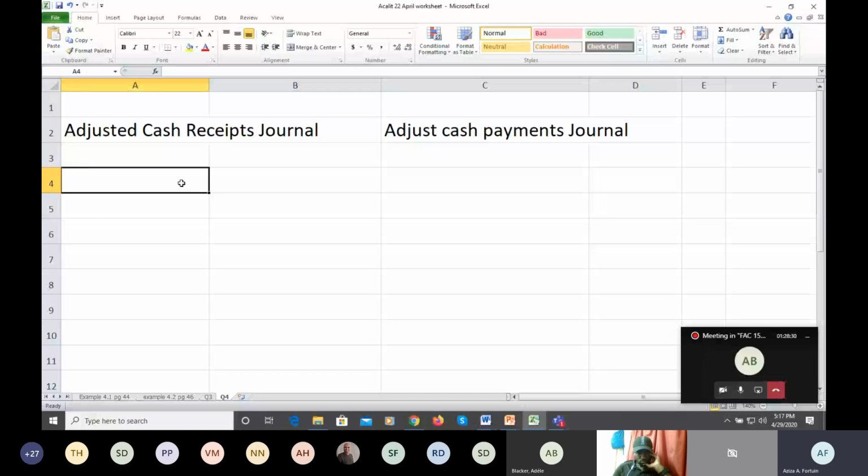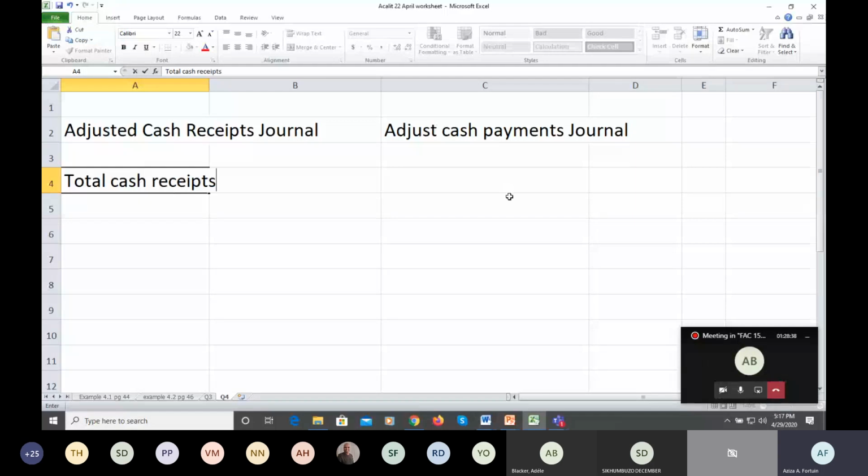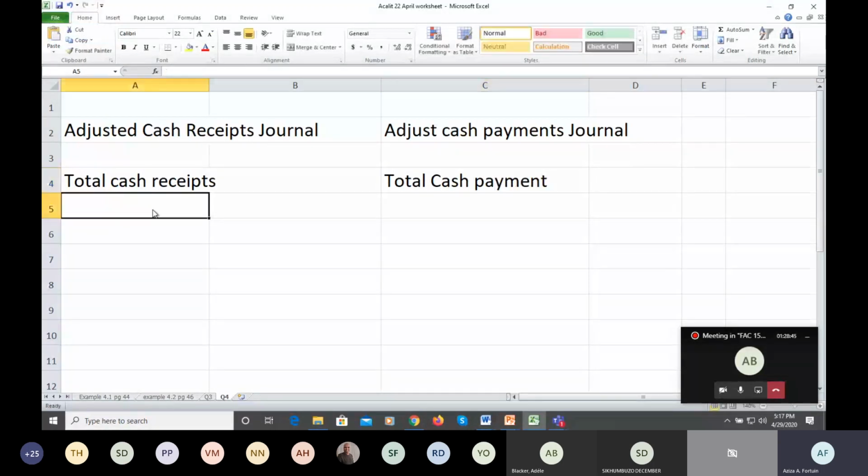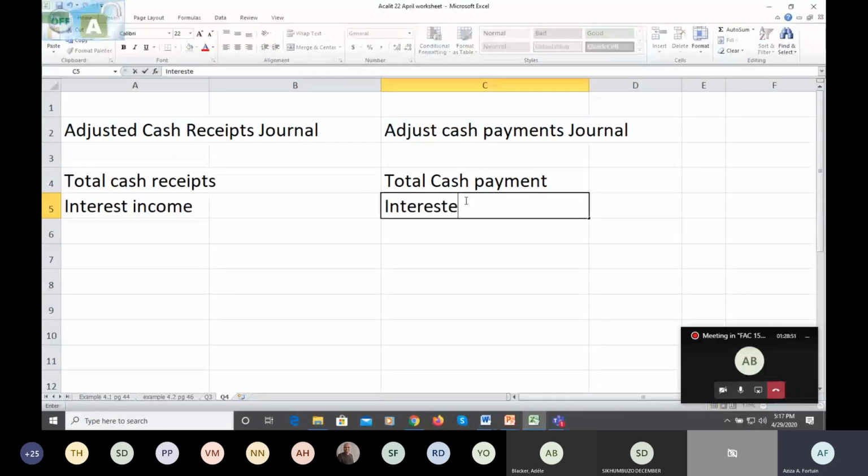Okay. So we said we would list the items like total cash receipts. So that's how you're going to do it in the exam. And we said there would be items of total cash payments. We also see that we know of interest income and interest payments. Okay. We also spoke about stale checks on the side.